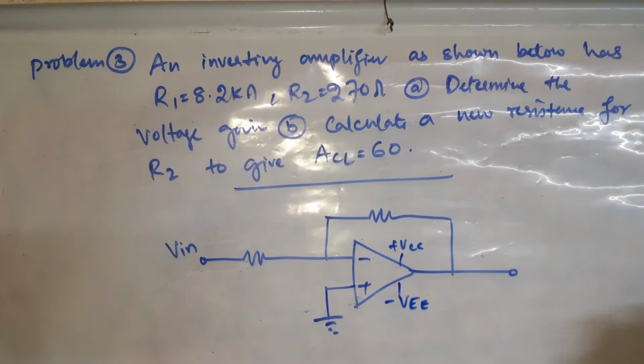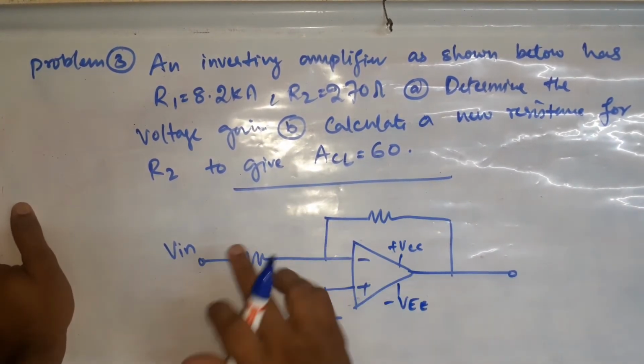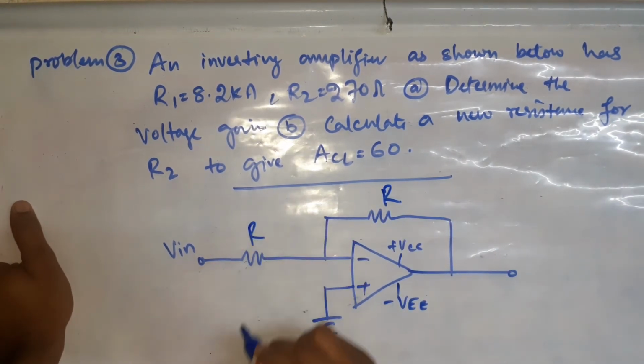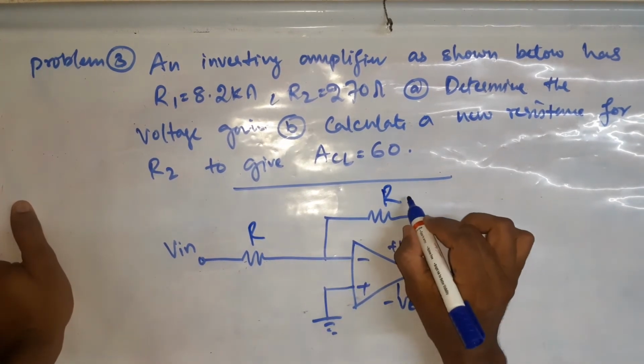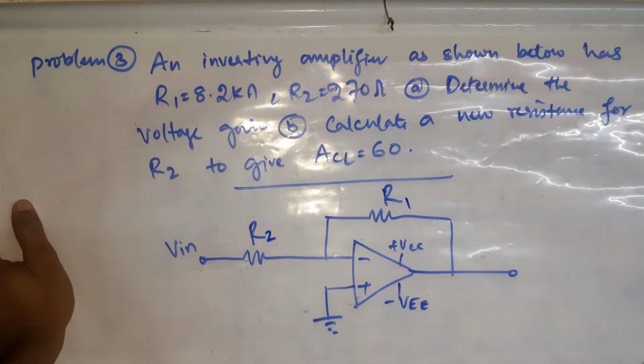Now it is shown in the figure, so don't write R1, RF or notations. We know that this is one resistor, this is one resistor. In your question he has given this as R1, this as R2. This is given in the question, R2 and R1 placement.